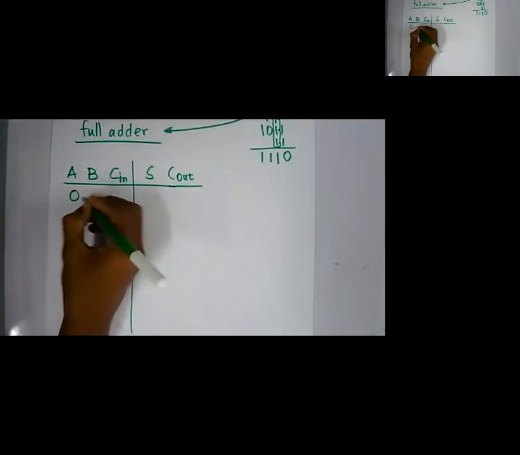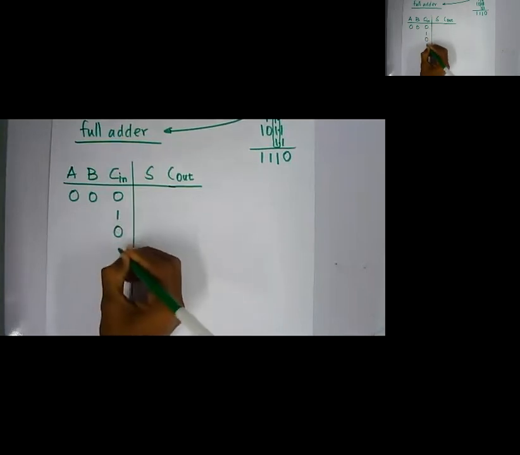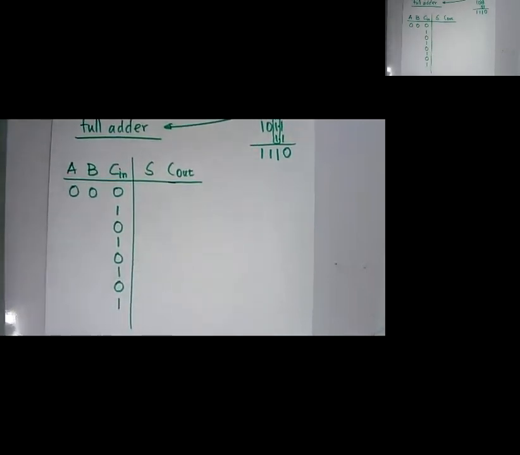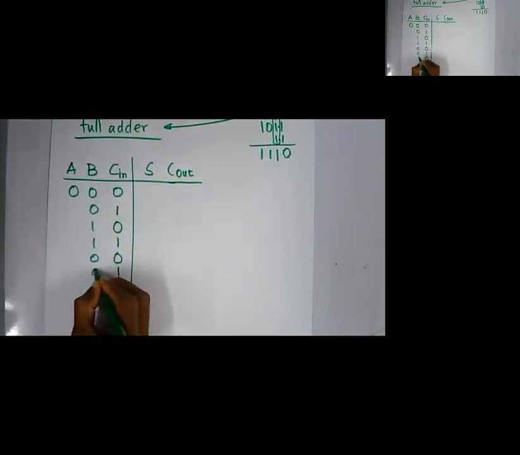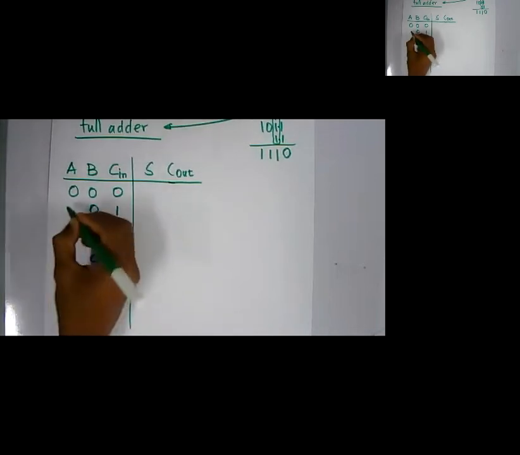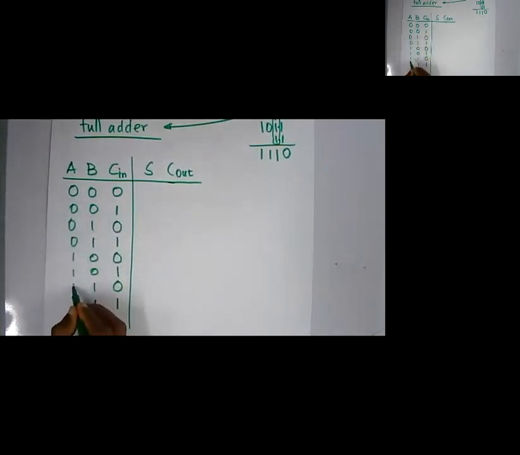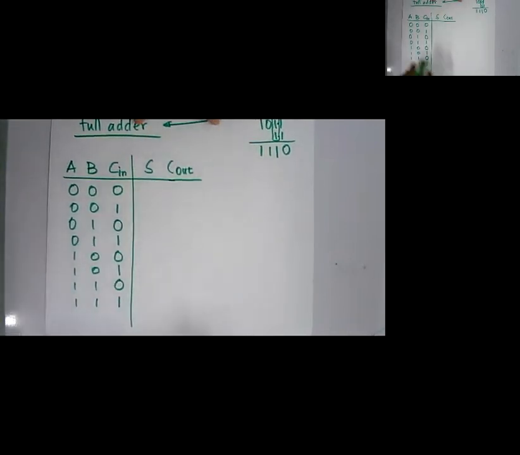Could be 0, 0, 0. 0, 1, 0, 1, 0, 1, 0, 1. Again, 0, 0, 1, 1, 0, 0, 1, 1. 0, 0, 0, 4 zeros and 4 ones. My table is complete.